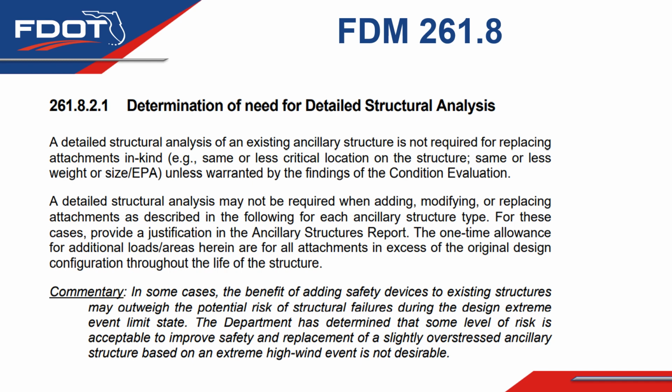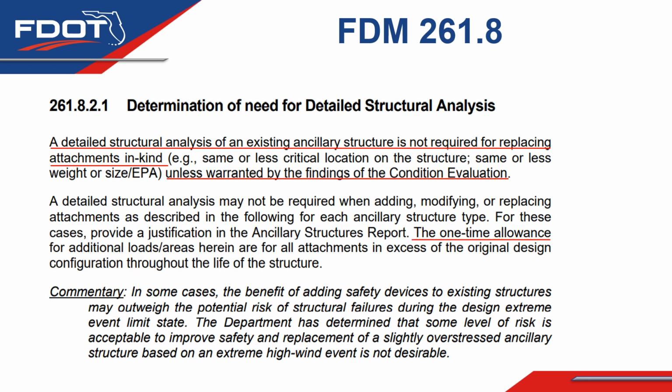The next section we will go over is section 261.8.2.1, determination of need for detailed structural analysis. It states here that a detailed structural analysis is not required for replacing attachments in kind, unless it's warranted by findings of the condition evaluation.